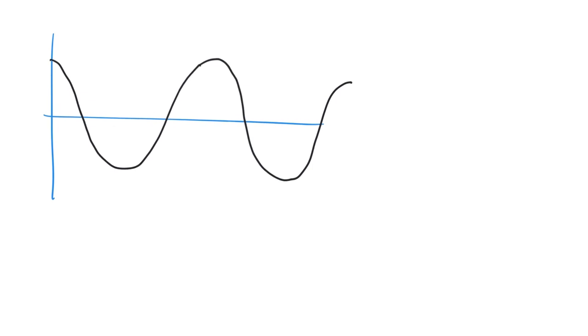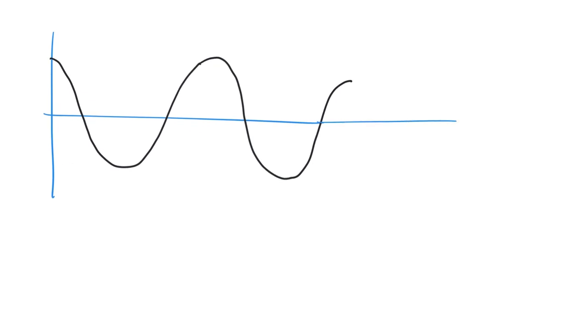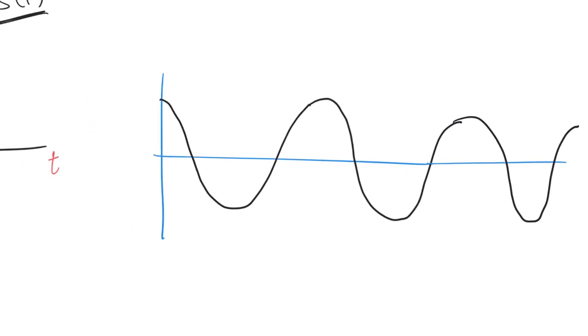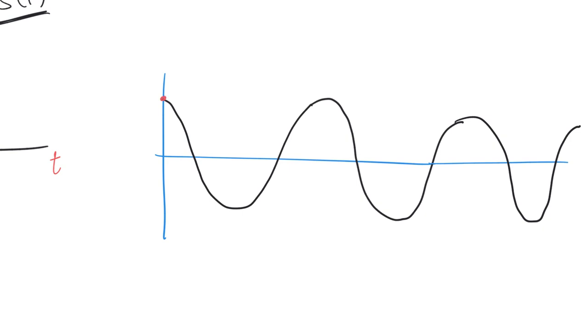So now if we see a particle and this particle moves in this way, look, that way and then that way, and also that way. What you can see from here is, if the particle starts the motion from here and then goes and returns to the same place, from here until here, this is one oscillation.